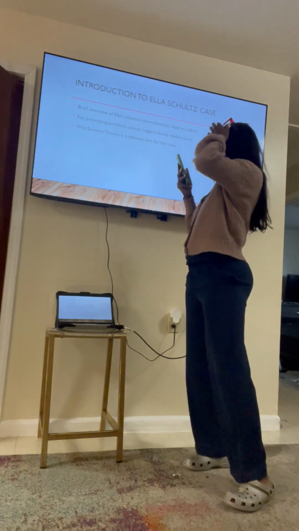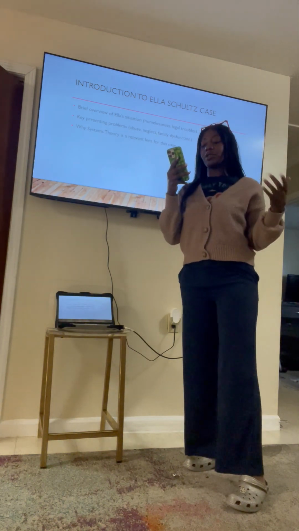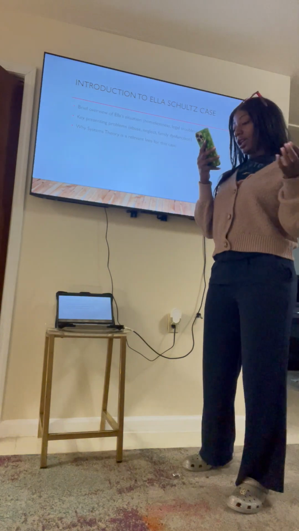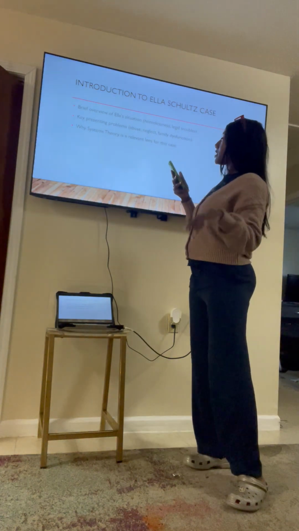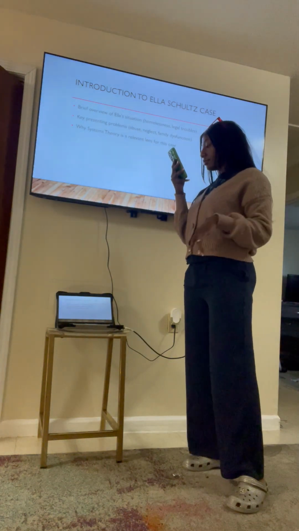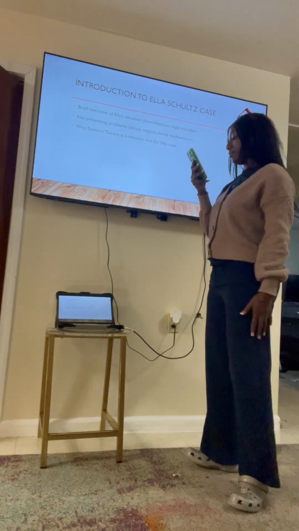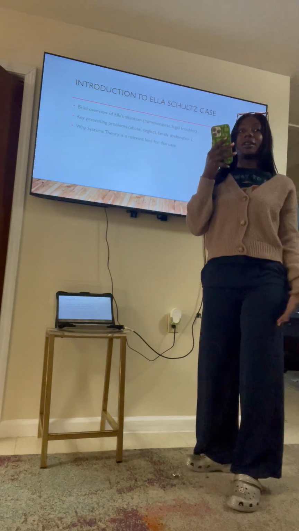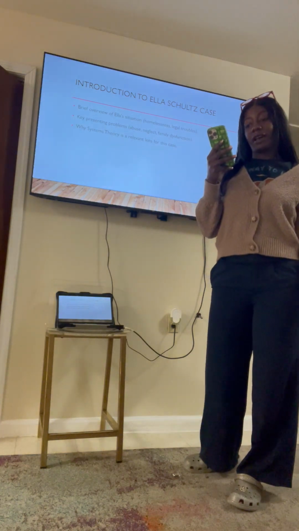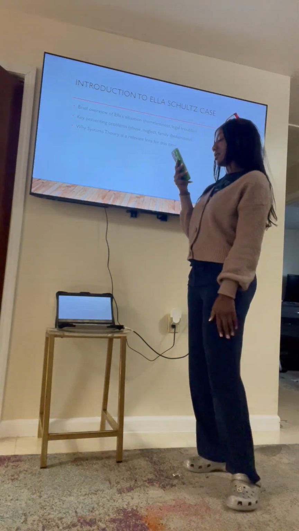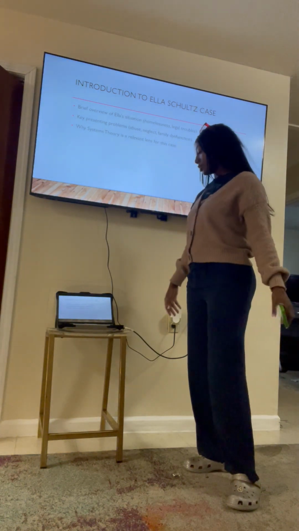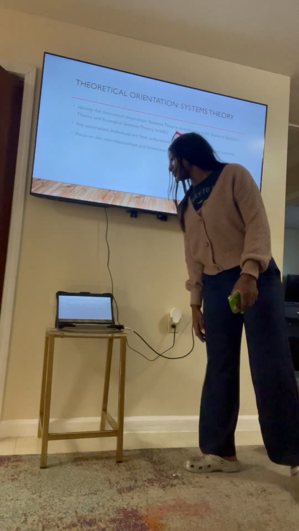These challenges are deeply intertwined with her history of abuse and neglect within her family, and we will be using systems theory as our primary theoretical lens because it provides an understanding of how these family dynamics and other systems have contributed to her current situation.